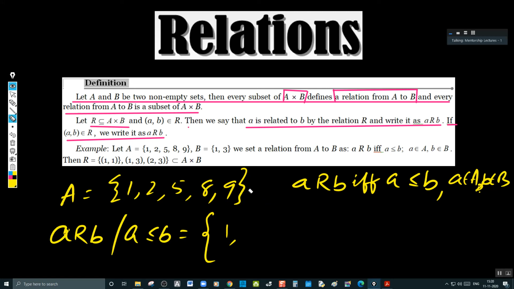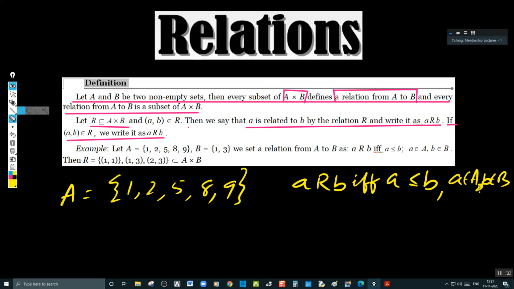I'm writing it now. It's not visible properly. Let me write it in some other place. Just a moment please. Let me write it here itself. B is equal to {1, 3}.